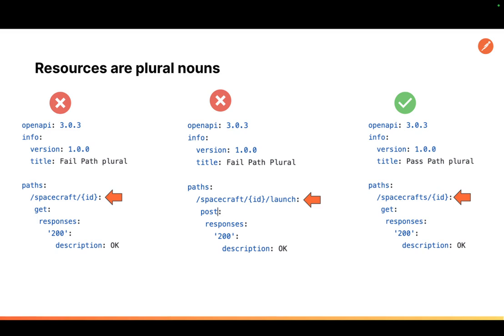Again, we also don't allow verbs, and we believe that you should be as simple and as lean as possible in your API design, and we don't really need verbs. Like launch in this case.